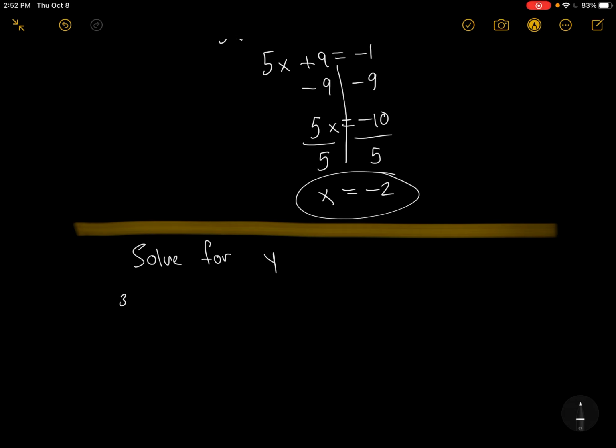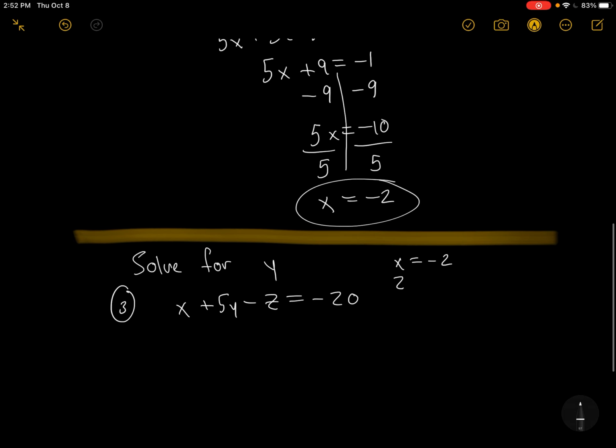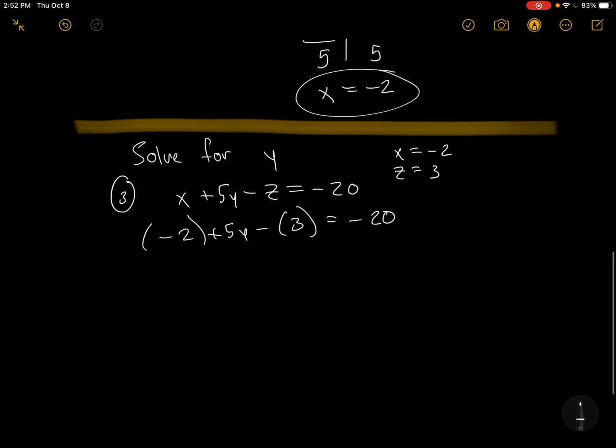All right, so the last equation, equation number 3, we had as x plus 5y minus z equals negative 20. We know x equals negative 2, and we know z equals 3. So time to plug those in. So negative 2 for x, 3 for z, and here we go, time to solve.